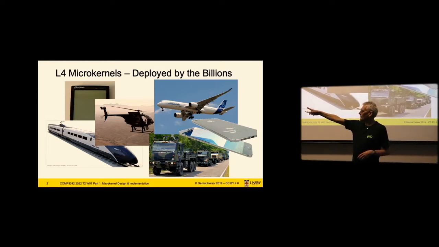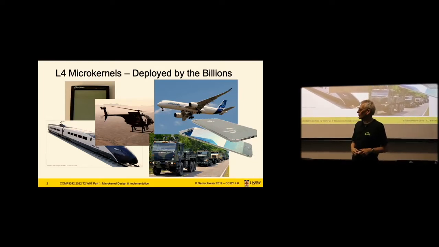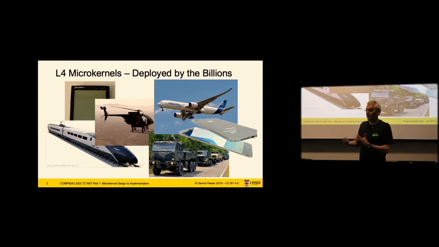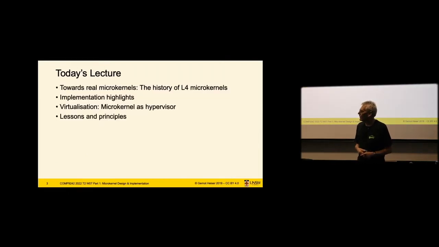Although the military trucks and the autonomous helicopters, these are SeL4 systems. The iPhones, they have one of our older L4 kernels running on their secure enclave, and the others are different systems. So, it's been around for a while, it's been used for a while, so how did we get here?